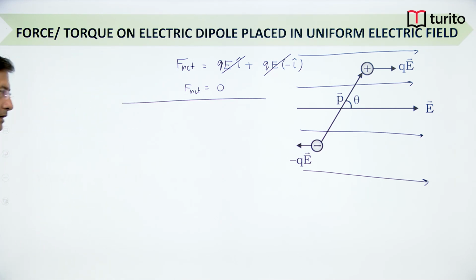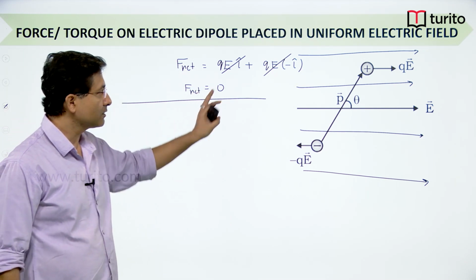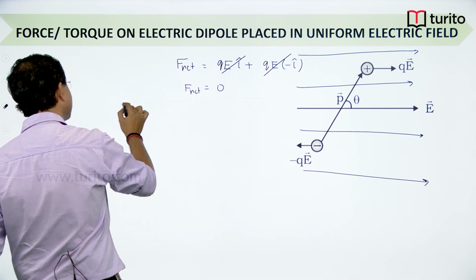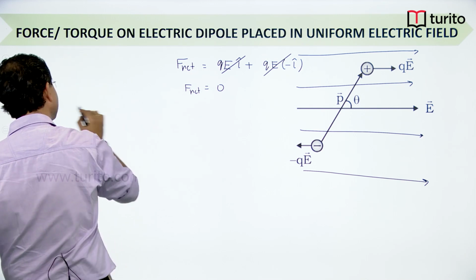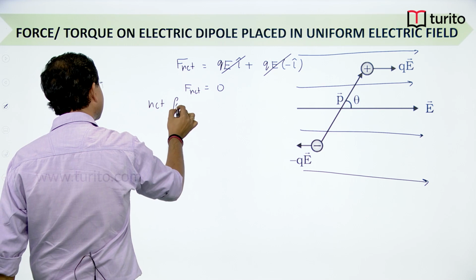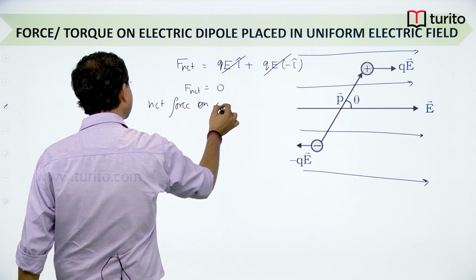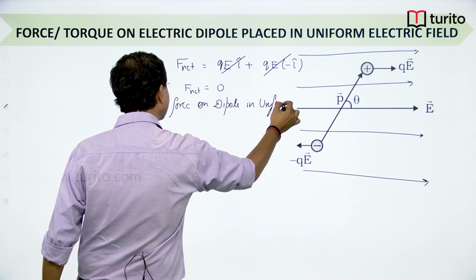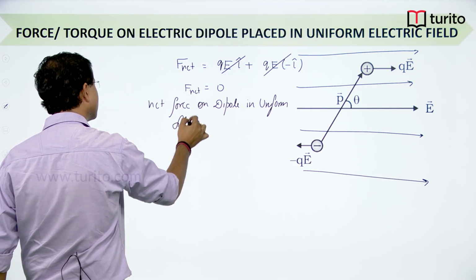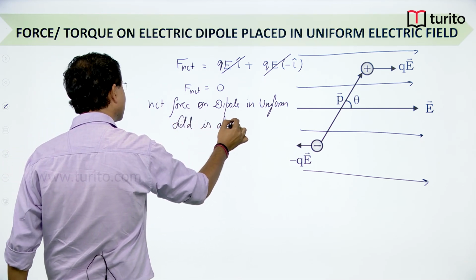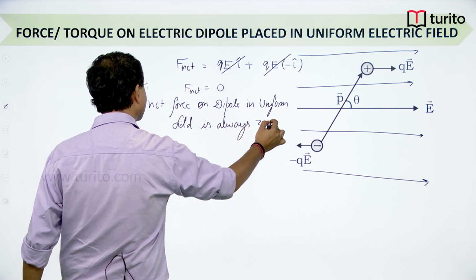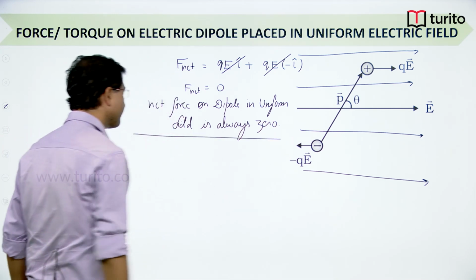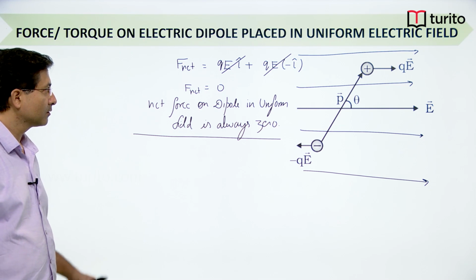So we understood the first point, that no matter how we are placing it, net force is always 0. So this is the first point. Now let's see the next point.